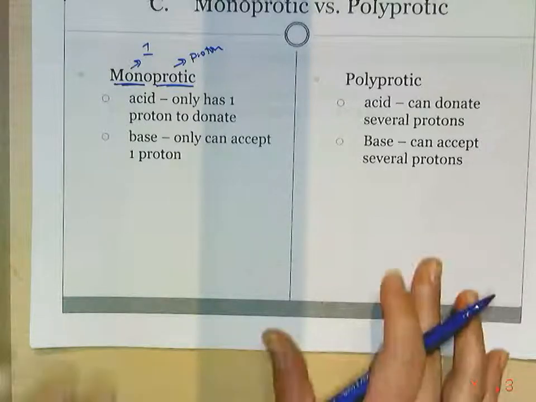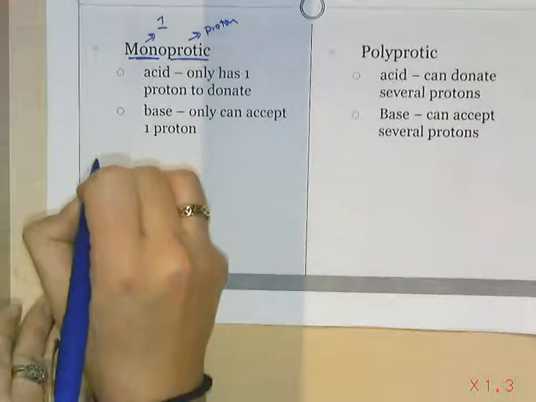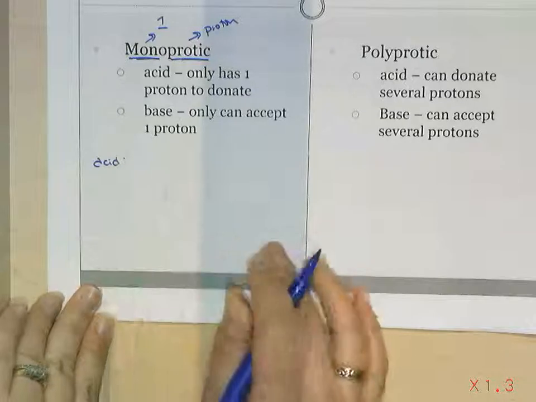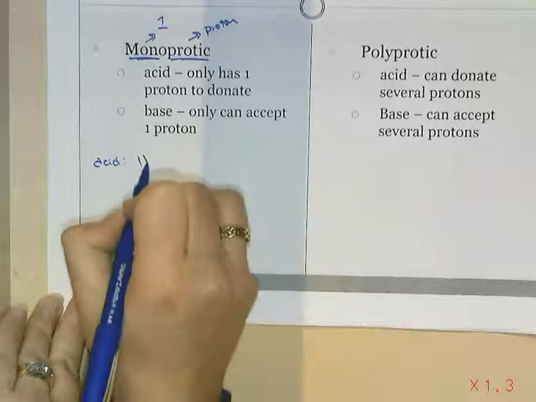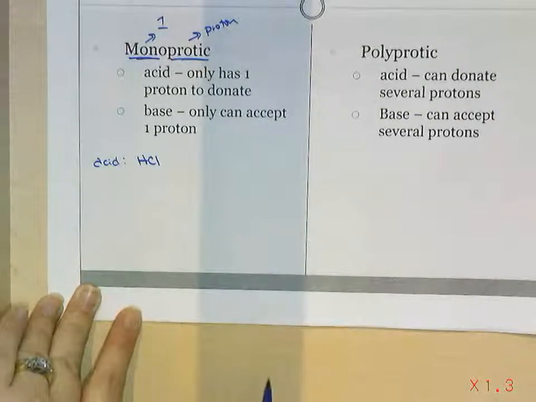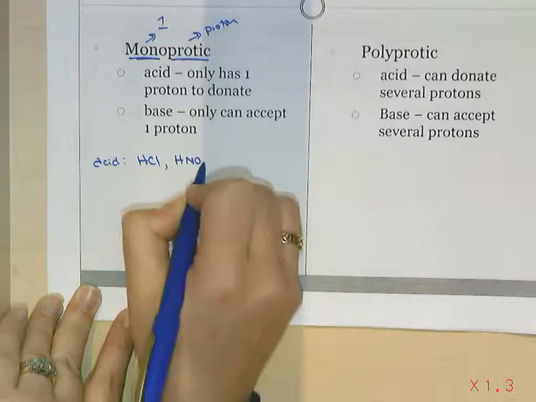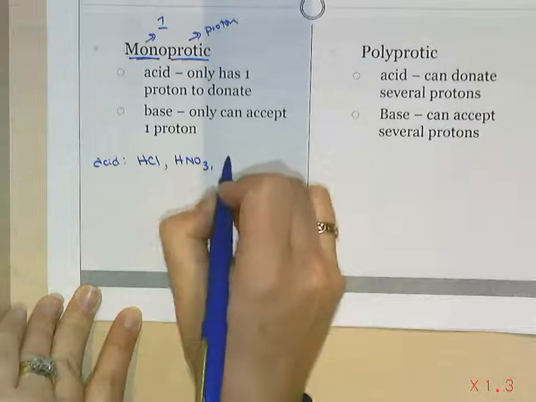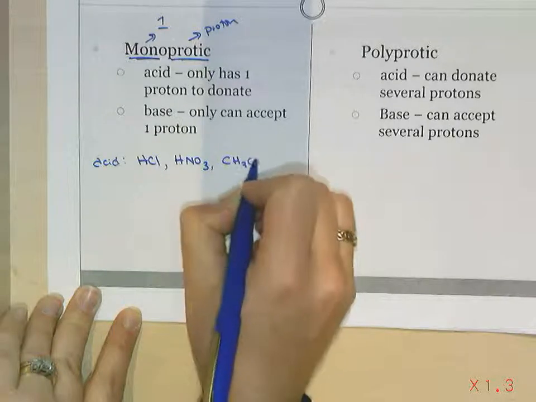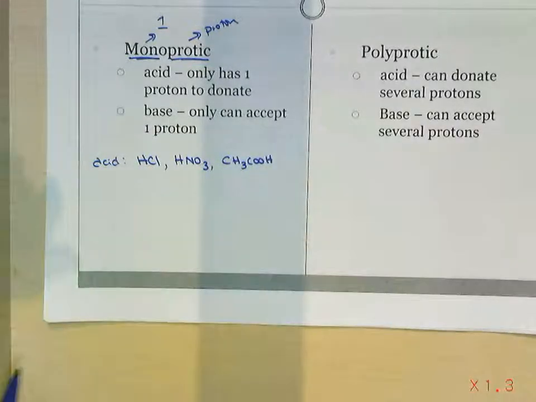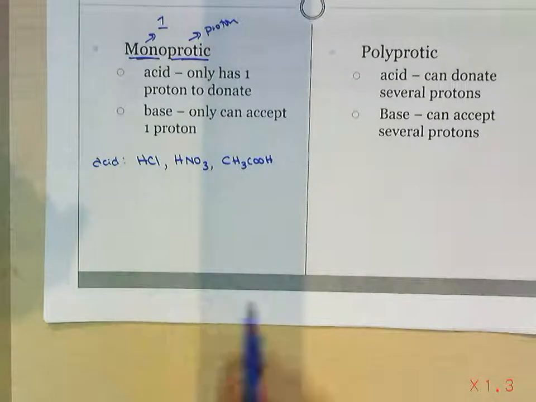So things that are acids that are monoprotic are like the ones we just looked at: hydrochloric acid, nitric acid, and my go-to favorite, we use this guy a lot, acetic acid, right? My strongs and my weaks.